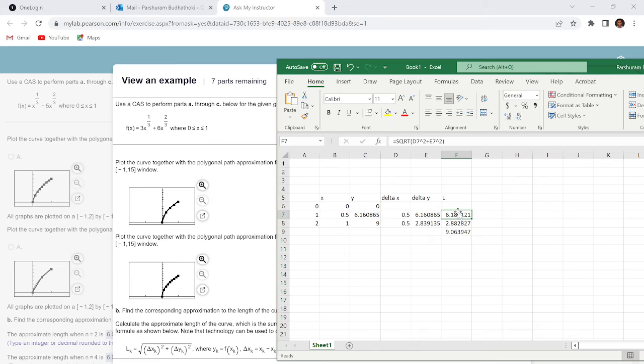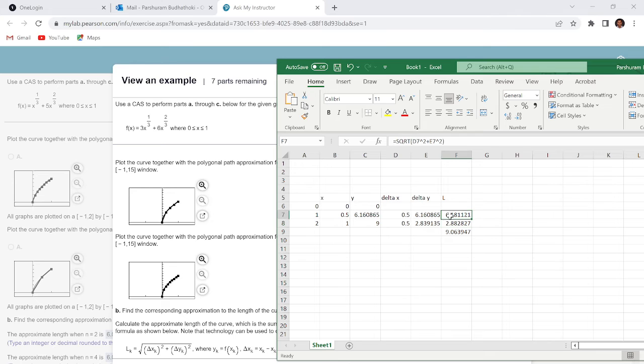What is L1? I'm using the formula square root of del x1 whole squared plus del y1 whole squared. What is L2? By doing the same thing, it's the square root of del x2 whole squared plus del y2 whole squared.